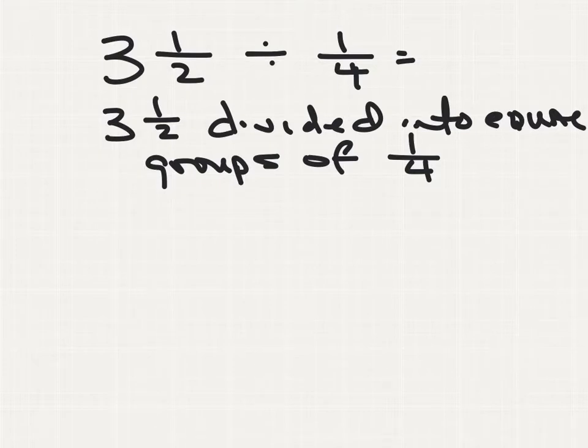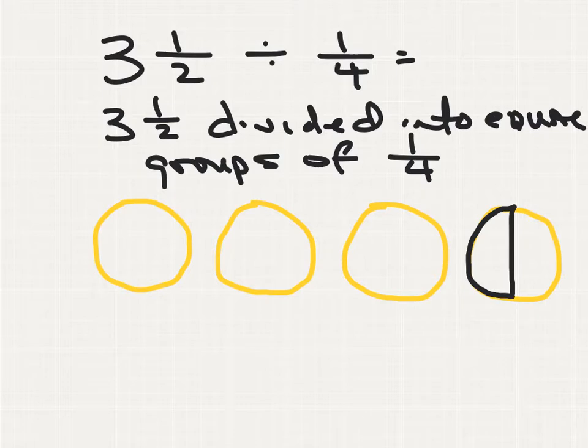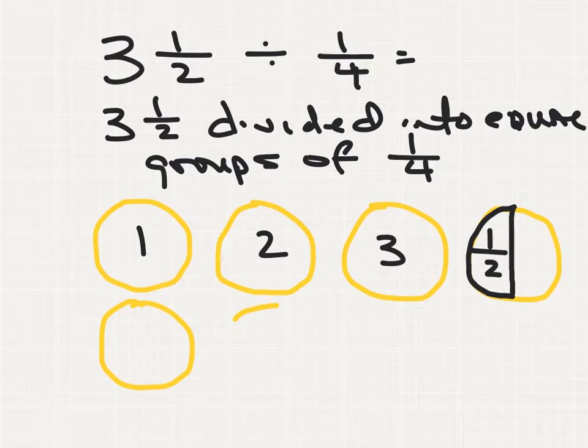So let's draw a picture. That's 1. That's 2. That's 3. And for this last one, we'll cut it in half so that we've got that half right there. We have 1, 2, 3, and a half. Now, what if just below it, I drew exactly the same picture?